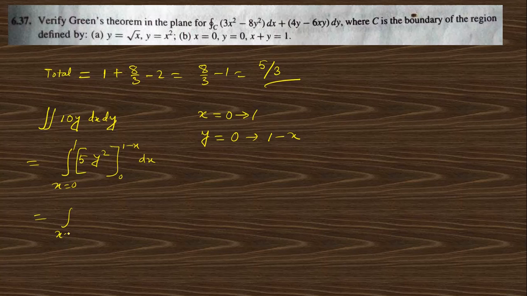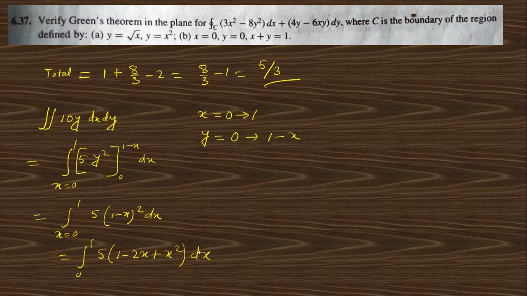So put in the limits, that is 5y square, that is 1 minus x whole square dx. So this becomes integral 0 to 1 of 5 times (1 minus 2x plus x square) dx, right?